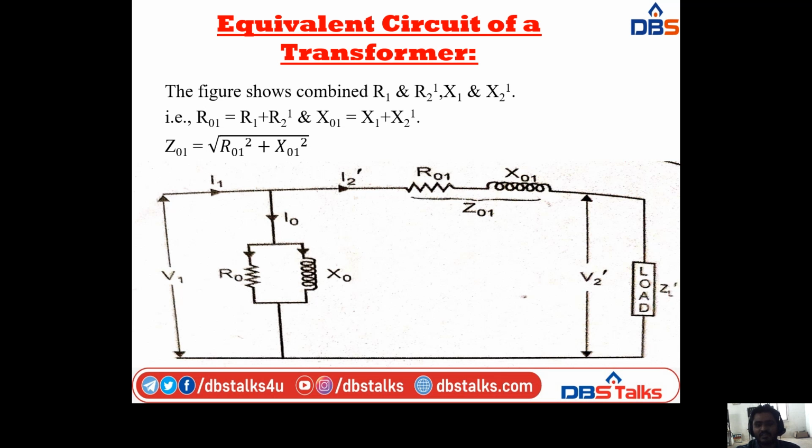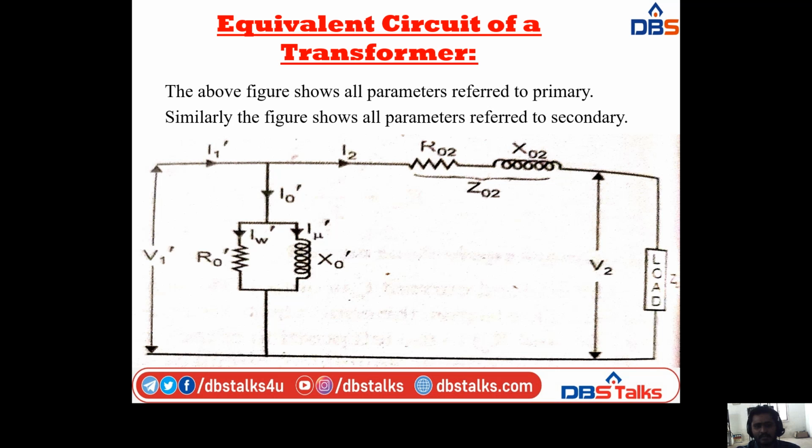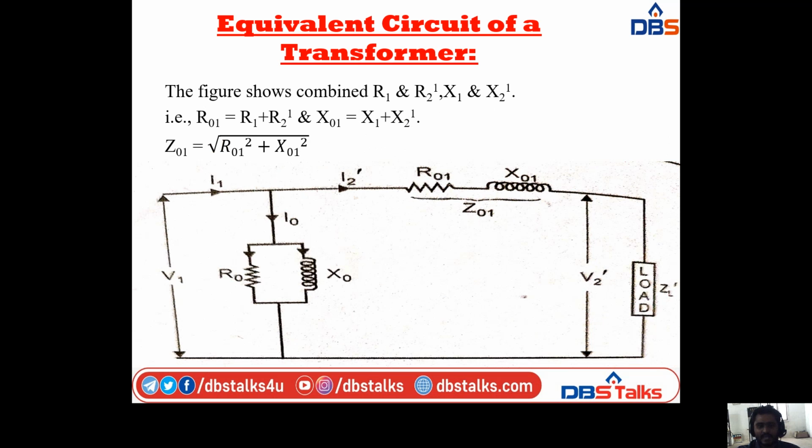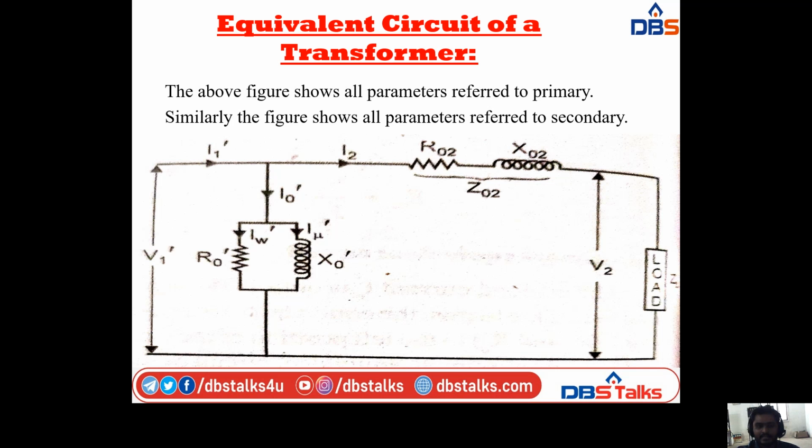Okay, here we have V2 dash, ZL dash, Z01, I2 dash, I1, I0, R0, X0 and V1. Like that we have. And the above figure shows all parameters referred to primary, that is this diagram. And next, similarly, the figure shown below has all parameters referred to secondary.